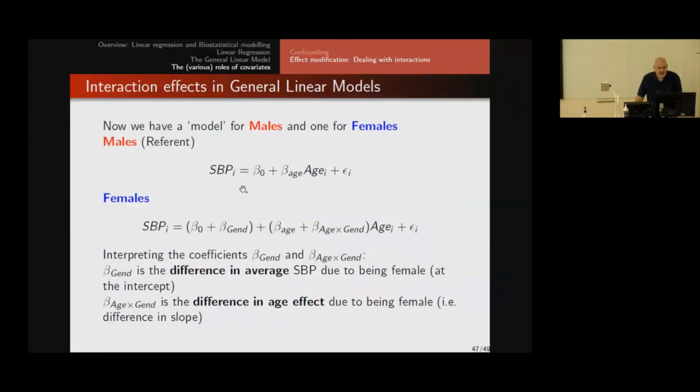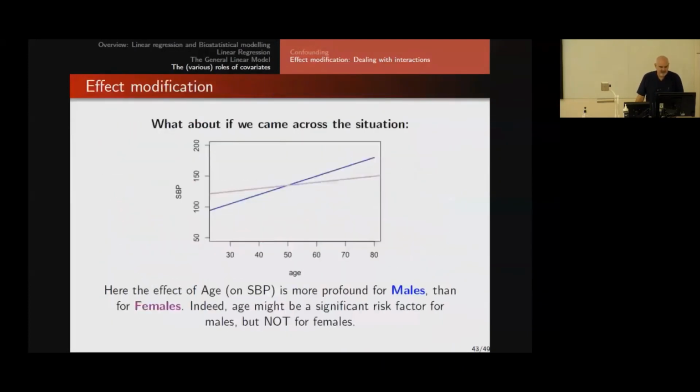So here's our model for males. There's the difference in intercept due to being a female. There's the difference in slope due to being female. So again, I just want to check this with you. So the difference in intercept, I want you to tell me whether that's positive or negative, and that's positive or negative. So this one, okay, is the intercept higher or lower for females?